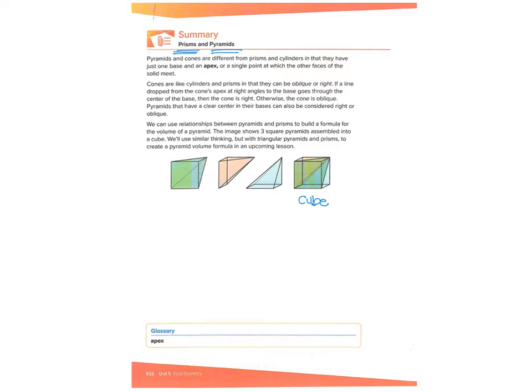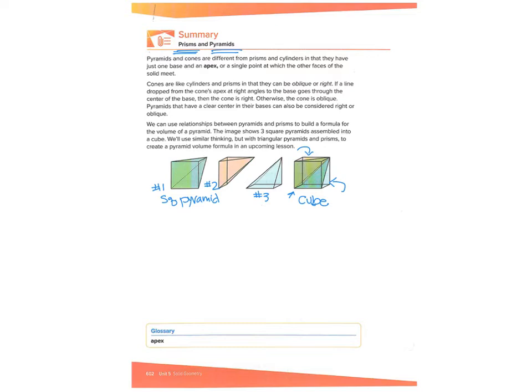So this is my green square pyramid, and you can see him in the front of my cube. This is my first one. This is my second orange square pyramid, and you can see him in the back of my cube. And this is my third light blue or aqua pyramid, and you can see him in the back corner of my cube. These 3 come together to create my cube.